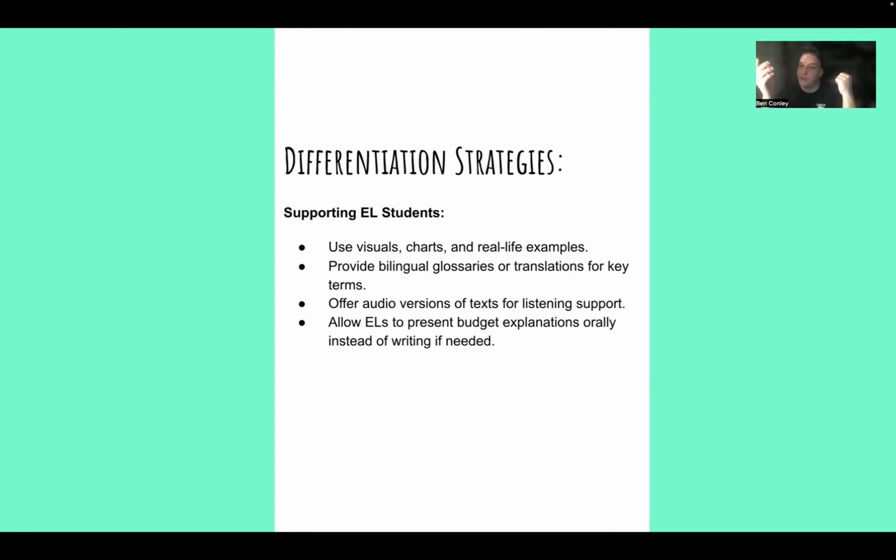Also providing bilingual glossaries and translations for key terms. Like I said, I always provide some kind of translation, whether I'm doing it myself or the slides or the handout, they will be translated for the EL students. And as well offering audio versions of the texts for listening support, for having the students understand better through listening and comprehension.